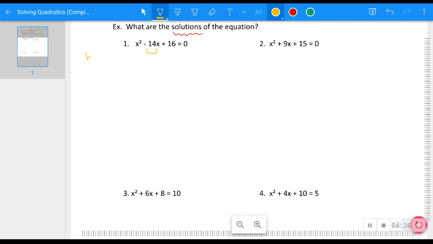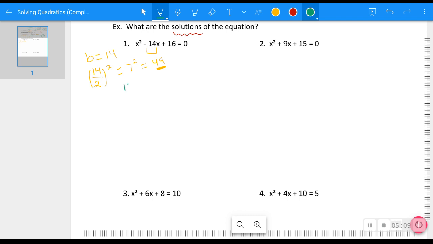So b is 14. So then to find a new c value, that'll help us complete the square and factor it into a perfect square, we're going to take b over 2 squared. So 14 divided by 2 is just 7 squared, and 7 squared is 49.